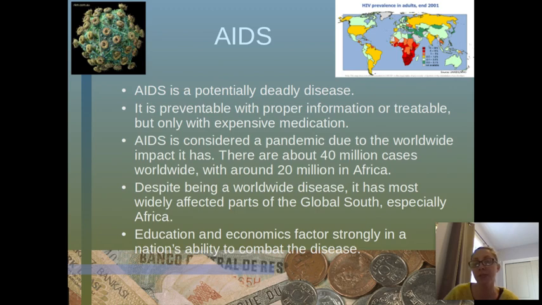And part of this is access to education and the ability to treat it. Of course, education and economics really impact a nation's ability to combat the disease. And this is true for many other epidemics and pandemics that have played out throughout our history.